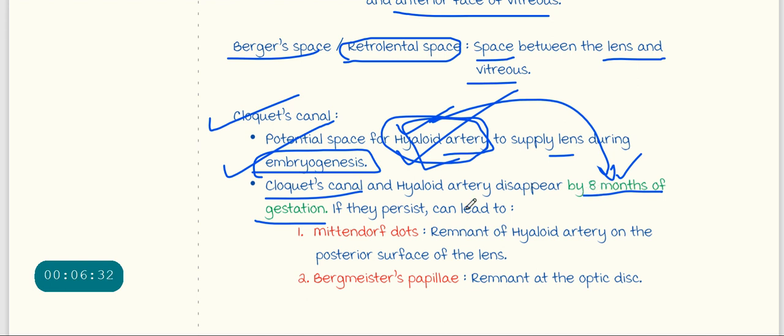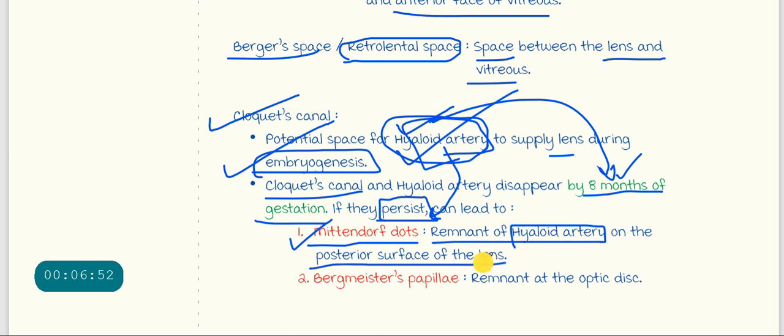If there is persistence of this hyaloid artery, then this leads to Mittendorf's dots. What are Mittendorf's dots? It is the remnant of the hyaloid artery on the posterior surface of the lens. Important point: posterior surface of the lens.